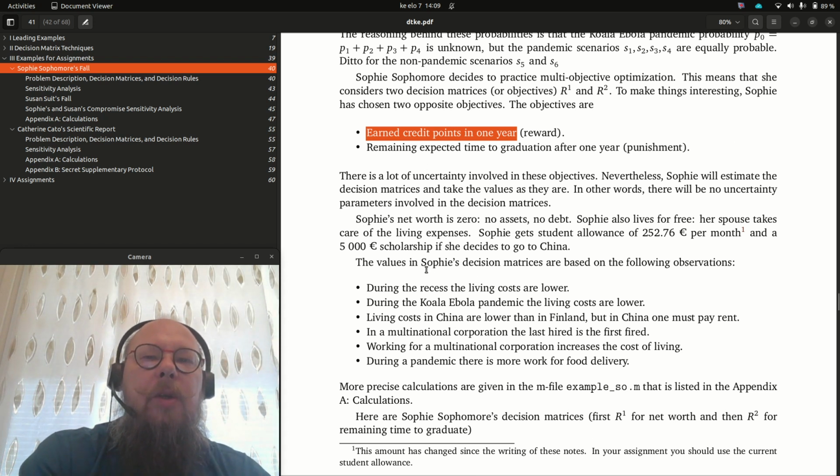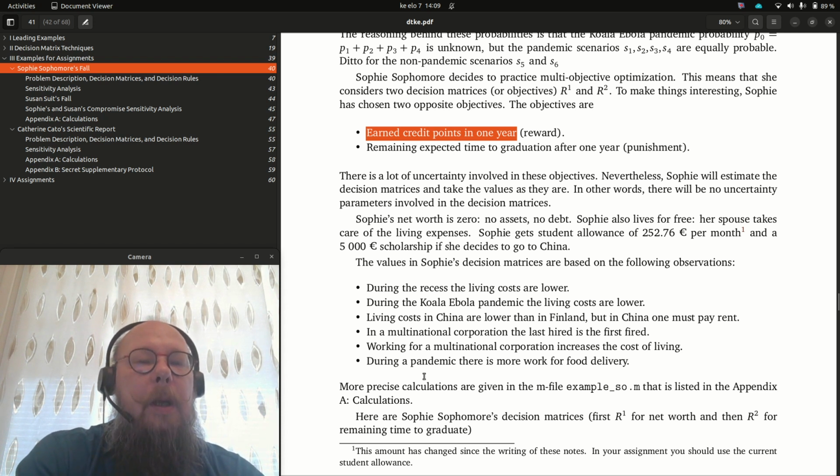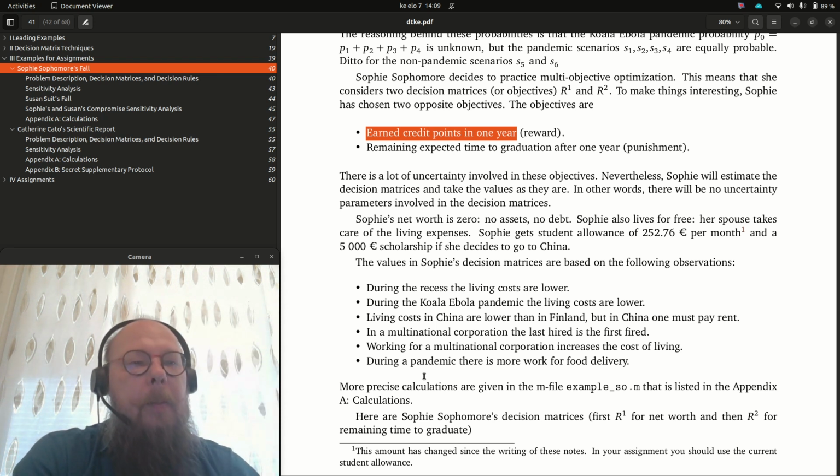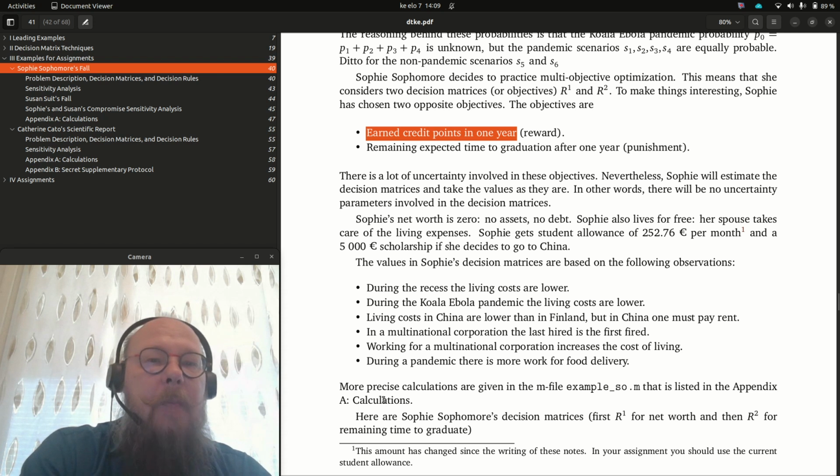So the values, the Sophie's decision matrices are based on the following observations. So these are just some ideas from which the numbers come. So during the recession, the living costs are lower. During the koala pandemic, the living costs are also lower. Living costs in China are lower than in Finland, but in China one must pay rent. In a multinational corporation, last hired is the first fired.